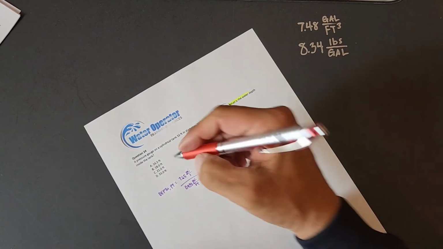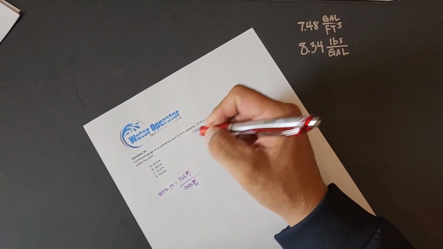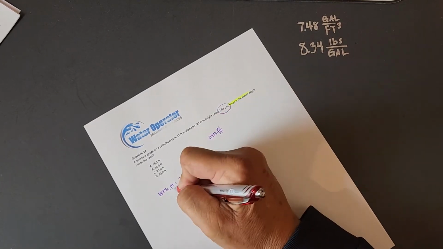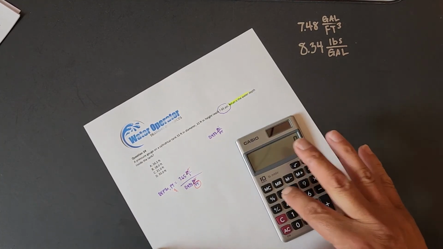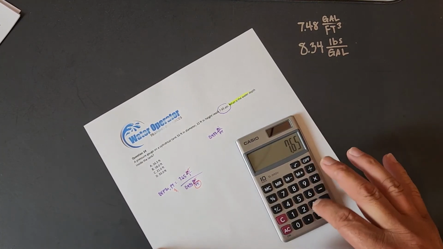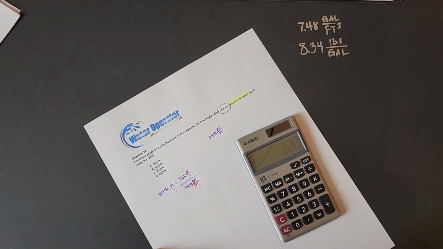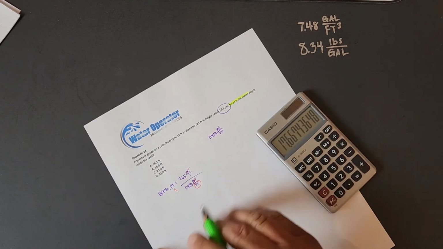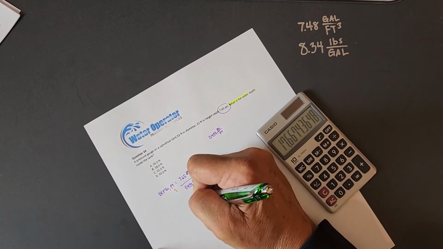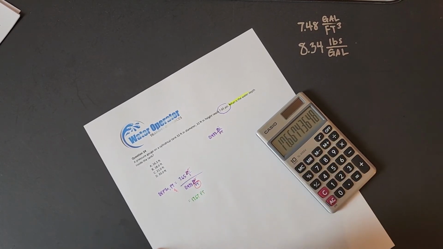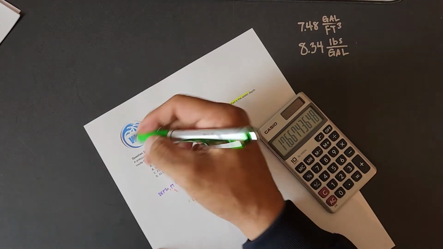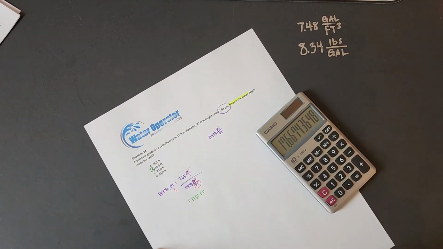That allows me to cross cancel out the PSI. Leaves us with feet. That's the unit of measure we're looking for. Divided by 0.433, that's going to give me 17.67 feet. The correct answer is B. That's the closest answer.